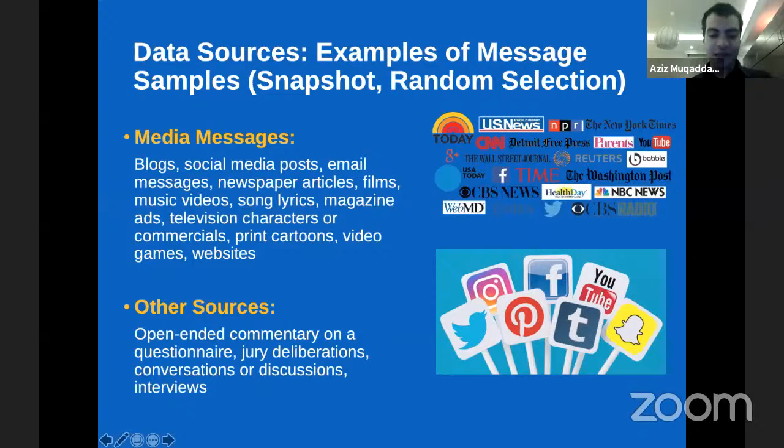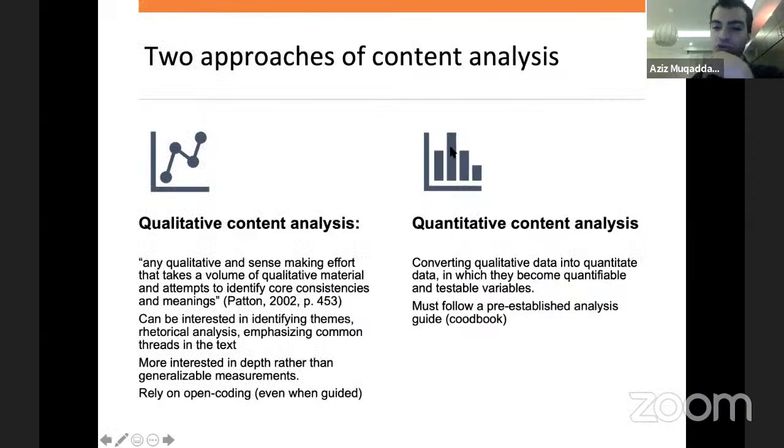When it comes to content analysis, we have actually two approaches: qualitative and quantitative. Qualitative content analysis is centered around identifying core meanings, core ideas or core themes within a larger body or larger volume of qualitative materials.